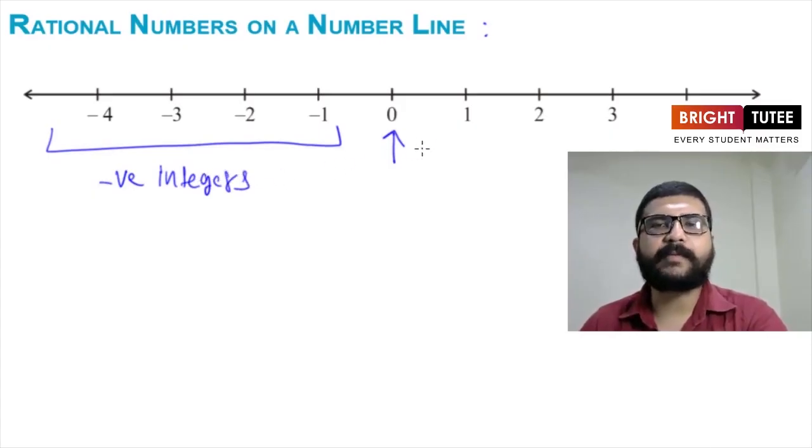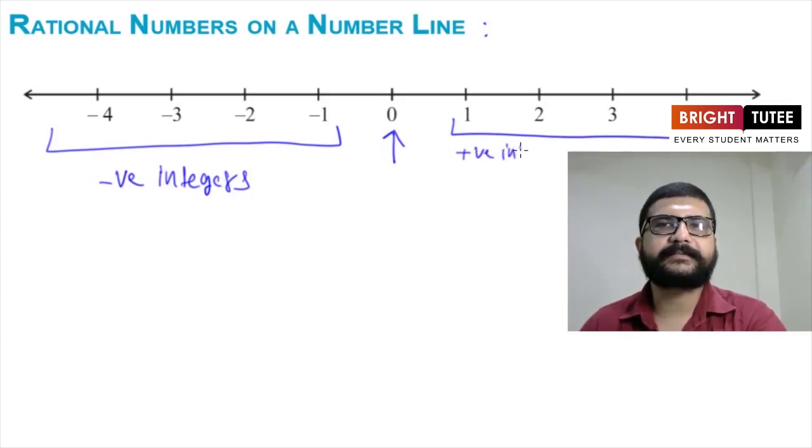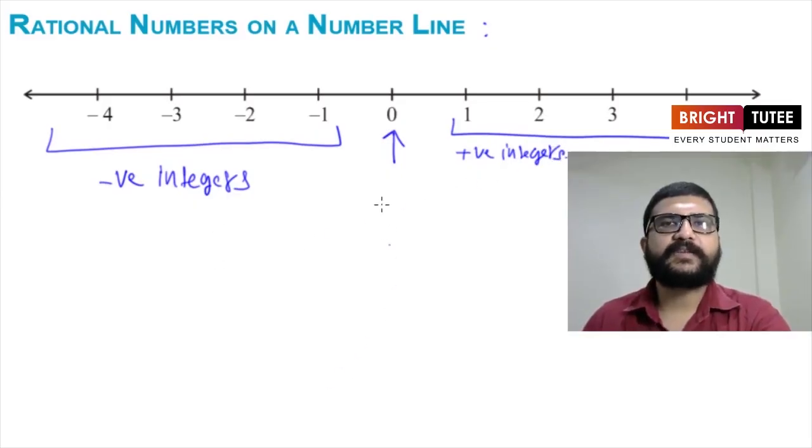Now what can we say about numbers on the right of the 0? They are all positive integers. So will it be the case for rational numbers also? Yes, this is the case for rational numbers also.